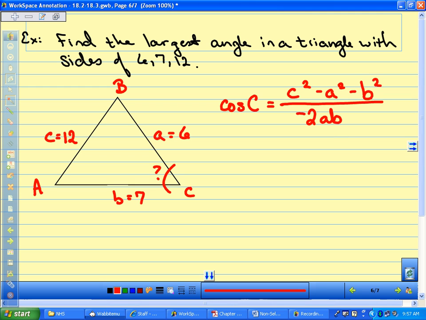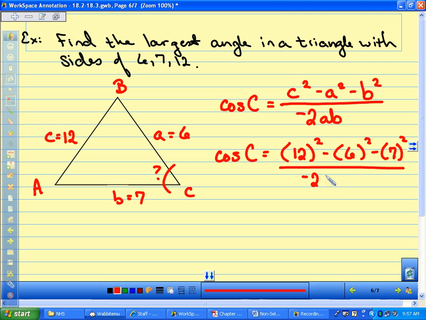So we've got a formula appropriate to our scenario. We'll go ahead and substitute in, and we'll find out that the cosine of angle C is going to be equal to parentheses 12 squared minus parentheses 6 squared minus parentheses 7 squared divided by negative 2 parentheses 6 parentheses 7.